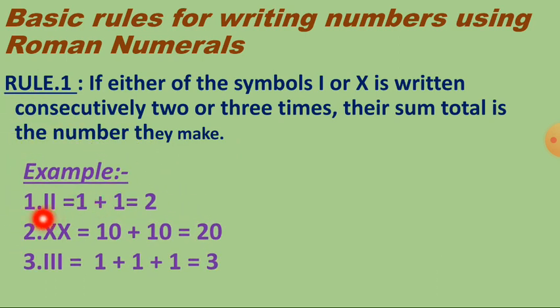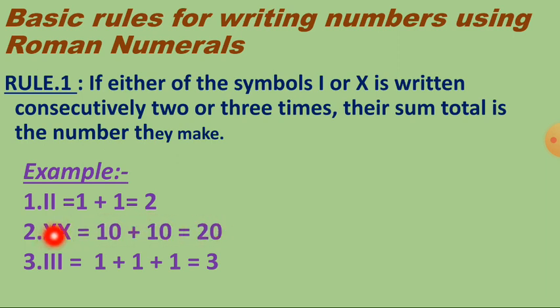First example, II is equal to 1 plus 1 is equal to 2. So the number 2 in Roman numerals you will write as I and I. Next, XX is equal to 10 plus 10 is equal to 20, because 1 X value is 10. So 2 X we will add, the total will become 20.